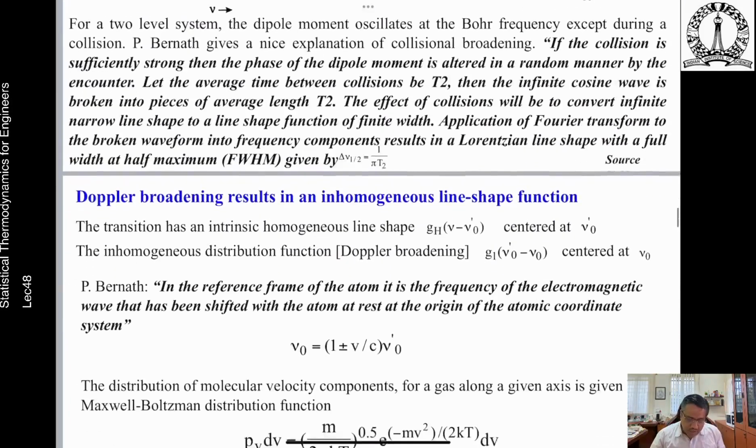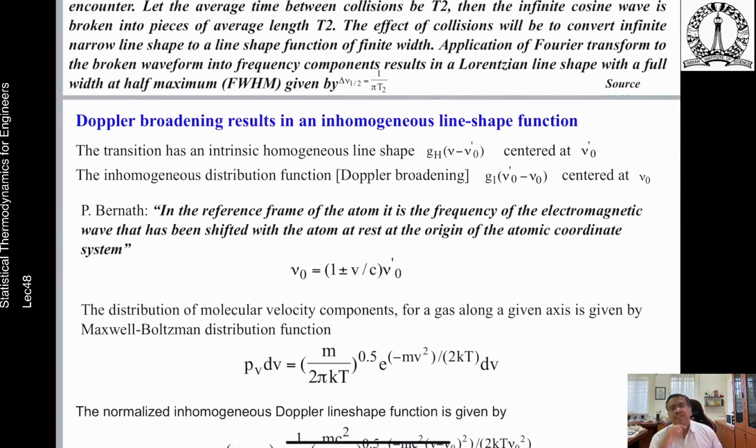Now, Doppler broadening, on the other hand, results in an inhomogeneous line shape. The Lorentzian is applicable for homogeneous line shapes. So this transition has a homogeneous line shape centered around, say, nu naught prime, and the inhomogeneous function, that is the Doppler broadening, is centered around nu naught.